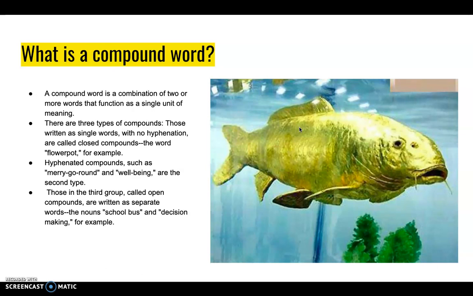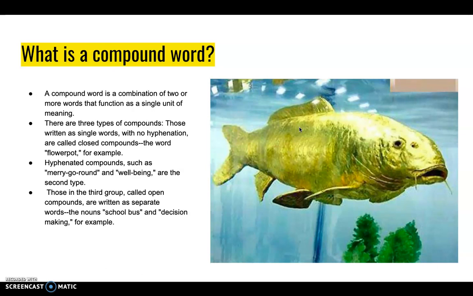But then the hyphenated ones are merry-go-round, well-being, right? You got that hyphen in there. And then the third group, called an open compound, is written as a separate word, like school bus, decision-making, right? They don't have a hyphen and they're not written together, but they act together to create the one meaning.